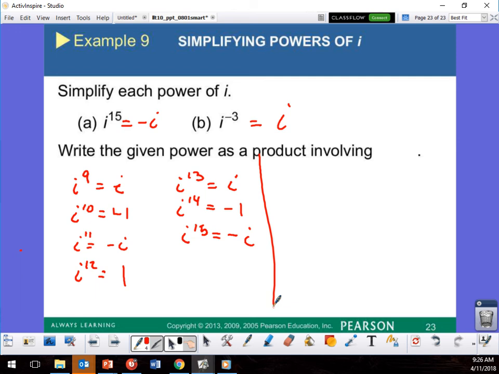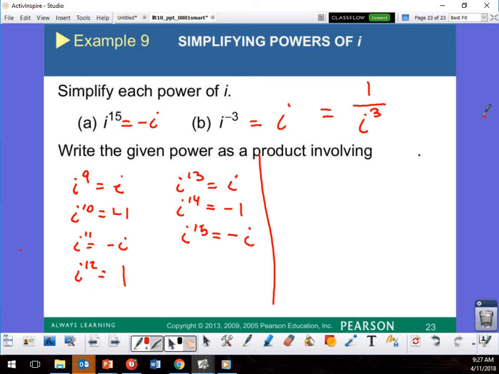A negative exponent moves it to the denominator. So it's 1 over i to the third.